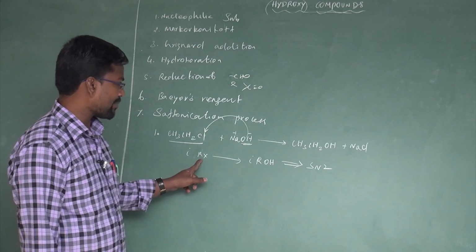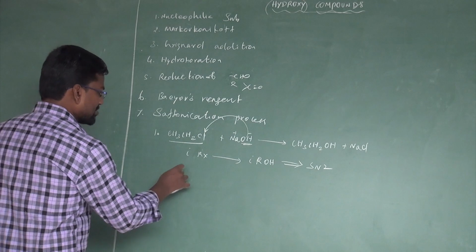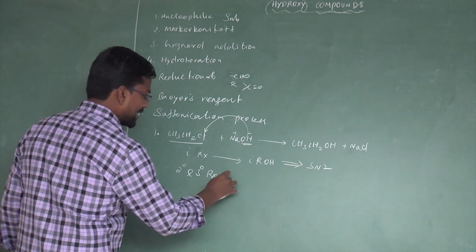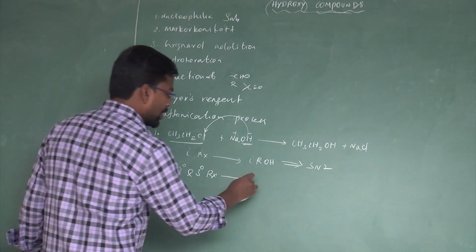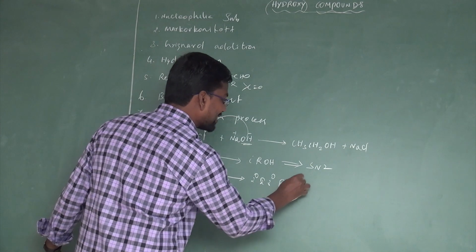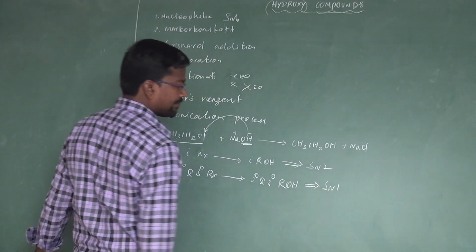Primary alkyl halide converts to primary alkyl alcohol, following SN2. Secondary and tertiary alkyl halide convert into secondary and tertiary alkyl alcohol, following the SN1 reaction.